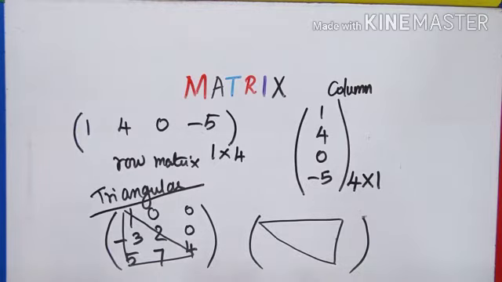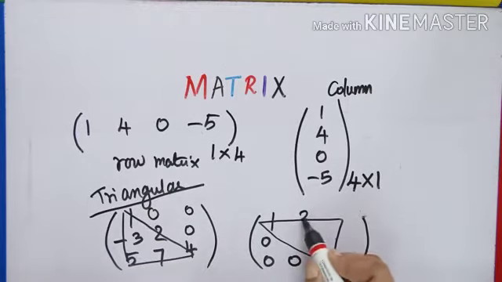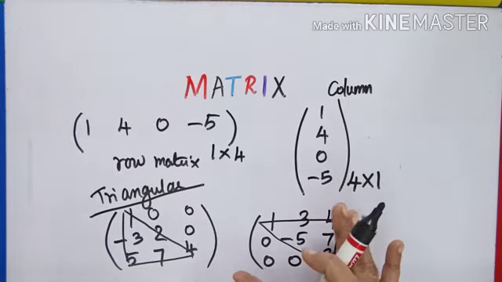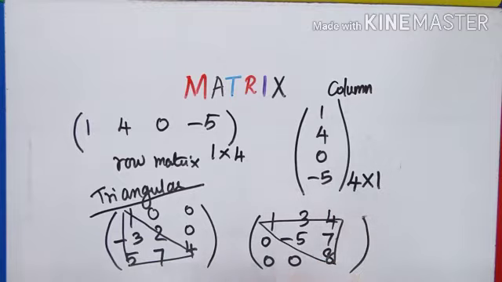The same idea, below the main diagonal, my entries may be 0. This is also a triangular matrix. So this is an upper triangular matrix, whereas this is a lower triangular matrix. Now, as we see the matrices, we must be able to identify which type it belongs to.